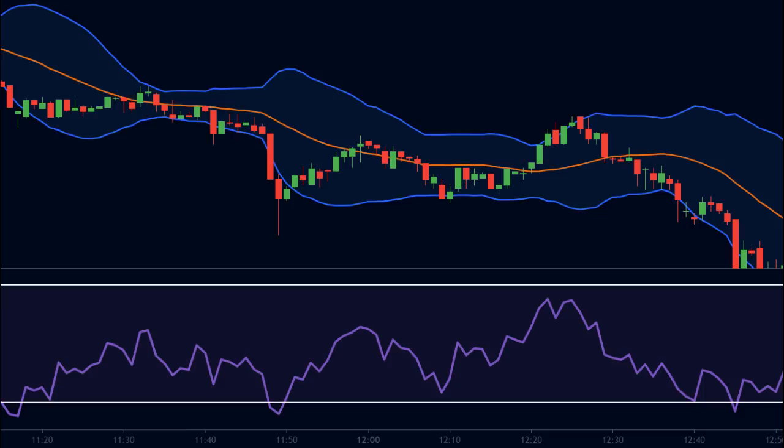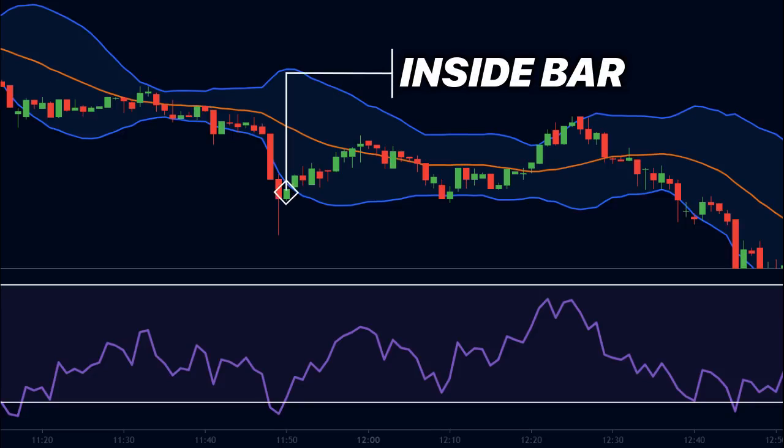The up move may not be a trend change altogether, but it could be a small pullback. So we will look for a buying trade on this candle. We wait for a candlestick pattern. As you can see, the subsequent candle is a small green candle that is completely inside the range of the previous red candle. Hence, it is an inside bar.